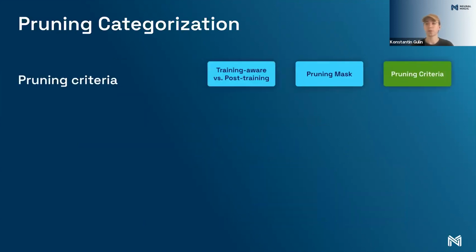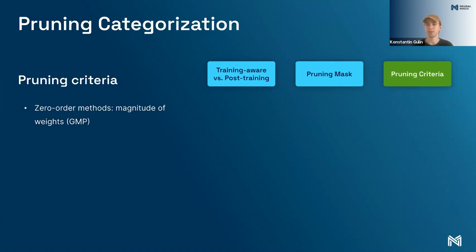Then finally, we go to pruning criteria. So how do you actually choose which weights you're going to prune? In the simplest approach, we have zero-order methods, just based on the magnitude of weights. The simplest case you can imagine is you look at your weights, you choose the ones that have the lowest magnitude, and you prune however many you need to get to target sparsity.